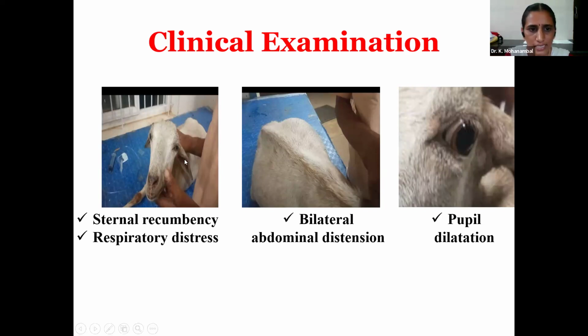The animal had sternal recumbency, respiratory distress, moaning, unable to breathe properly, tachycardia, bilateral abdominal distension, and pupil dilatation. So all animals presented with HCN poisoning show respiratory distress, bilaterally distended abdomen, and tachycardia. These are the clinical signs we have seen in cyanide poisoning.